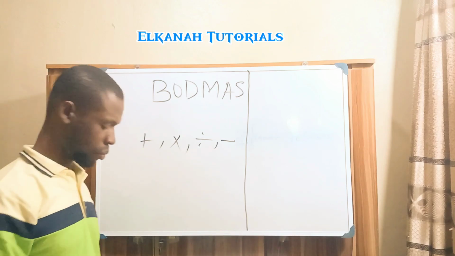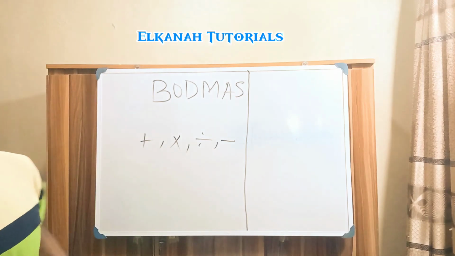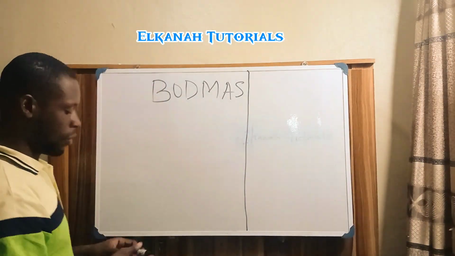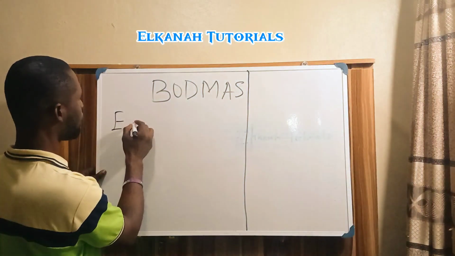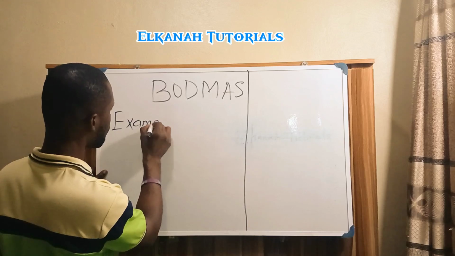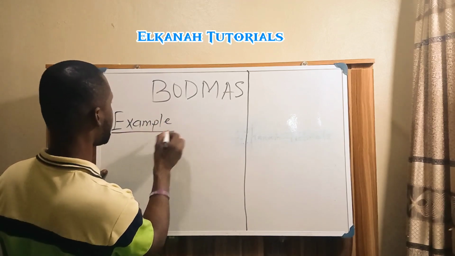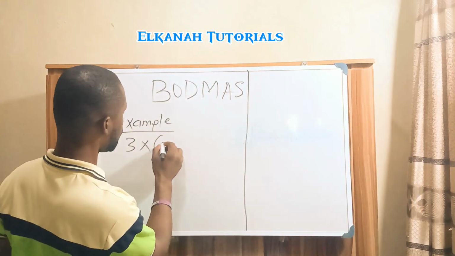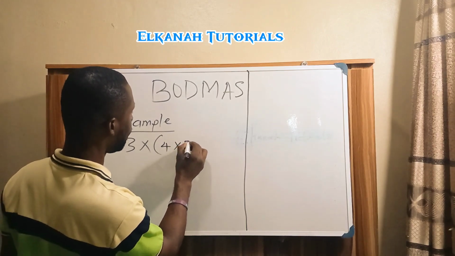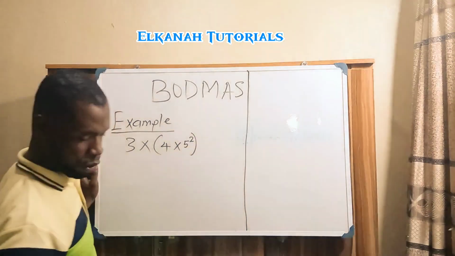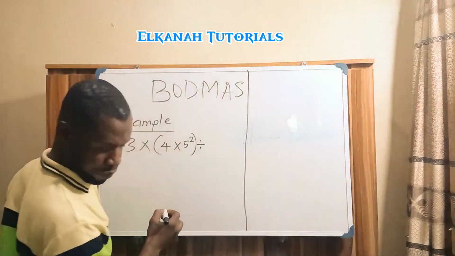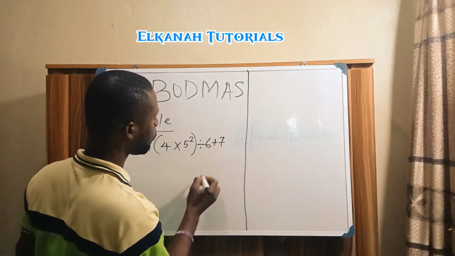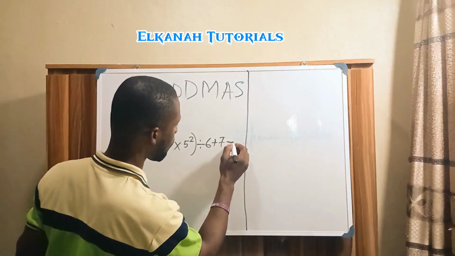For example, 3 times bracket open 4 times 5 raised to the power of 2 bracket close divided by 6 plus 7 minus 8.